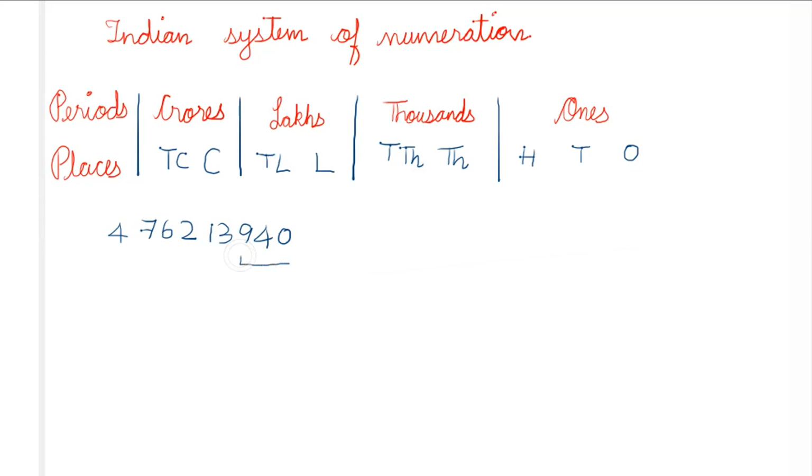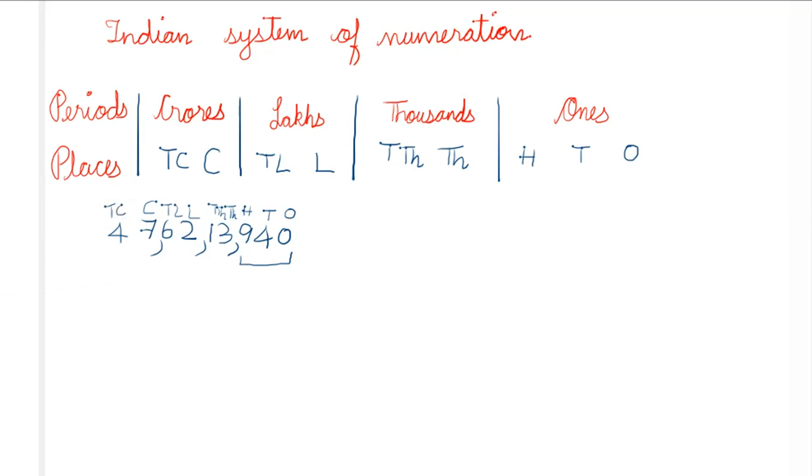And then after every 2 digits, we put a comma. So 1, 2, 1, 2, and that's it. So this is the ones place, tens place, hundreds place, thousands place, 10,000s place, lakhs place, 10 lakhs place, crores place and 10 crores place.